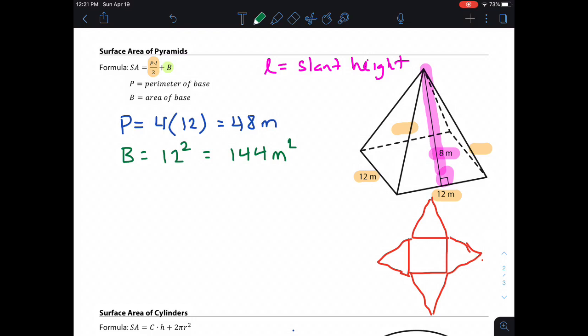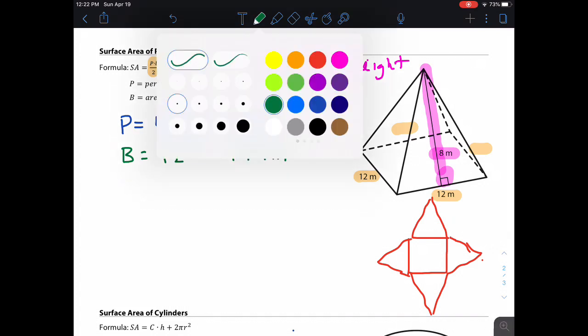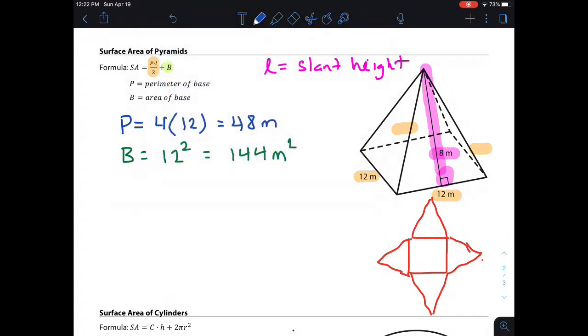Okay, so surface area. So now we have P, we have B. L is over here in pink on the shape itself. So we can now find the surface area of our pyramid.